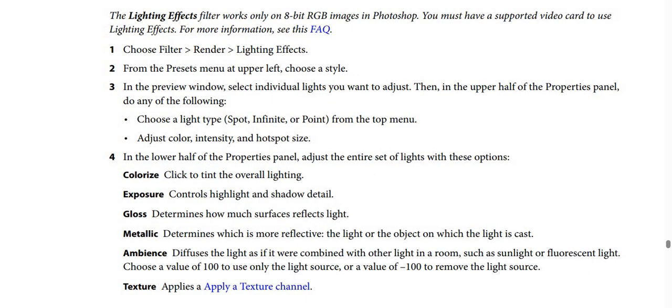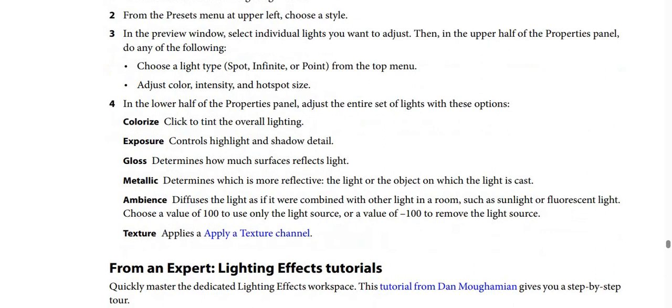Choose a light type like spot, infinite, or point from the top menu, and adjust color, intensity, and hotspot size. Step number 4. In the lower half of the properties panel, adjust the entire set of lights with these options. We have many options here now.